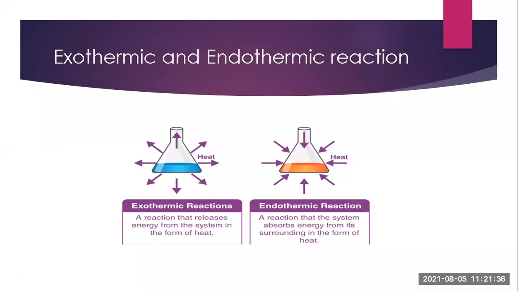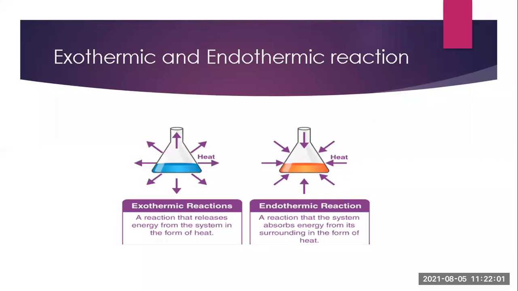Now, exo means exit. That means the energy is leaving that particular system. Whereas endo means entrance, it is entering, it is absorbed. So the energy is absorbed towards the system. That means the system is absorbing the energy in the form of heat. For endothermic, endo means inside and therm means heat.